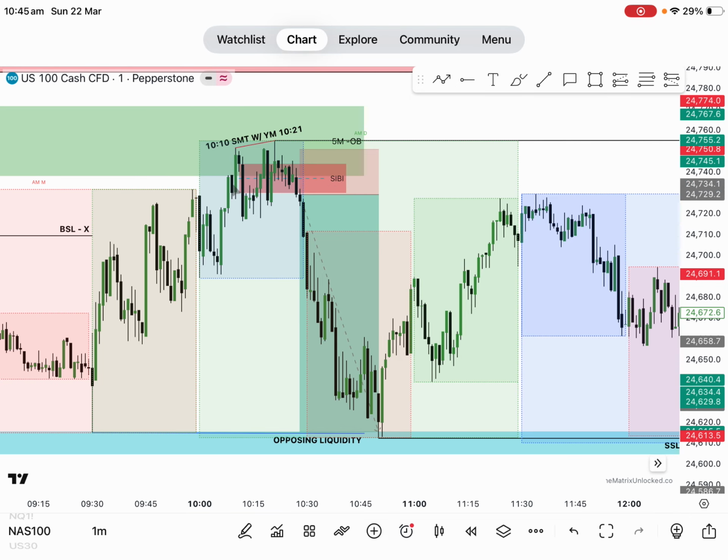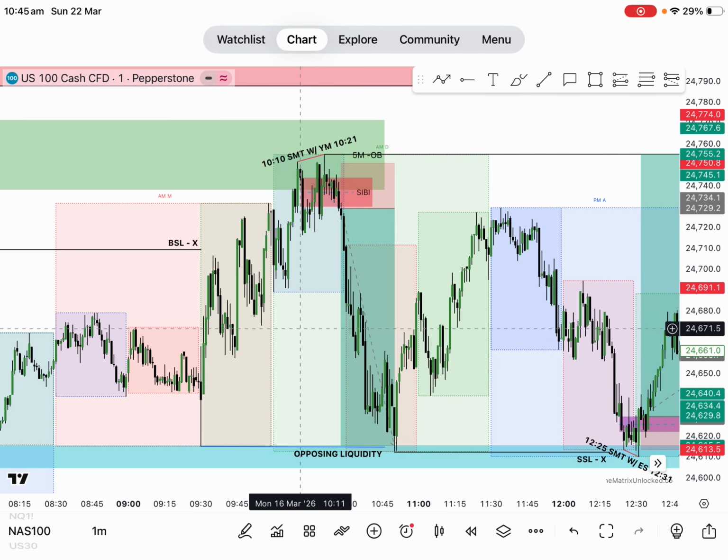So okay, buy side liquidity taken, SMT seen, CB. You know the reason why I've used this CB, even though it's not after the SMT has been formed, because it's inside of the SMT box.